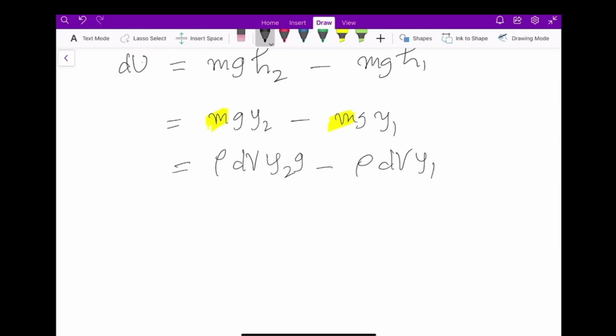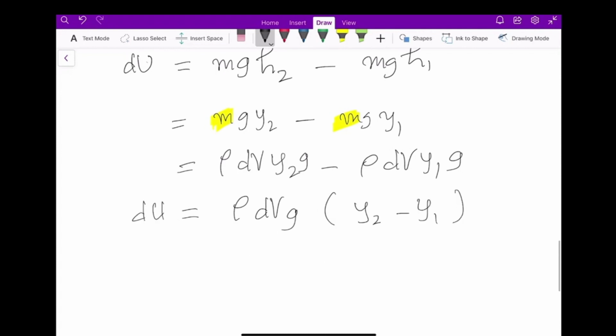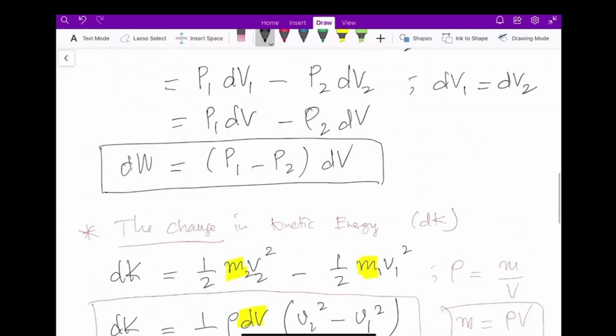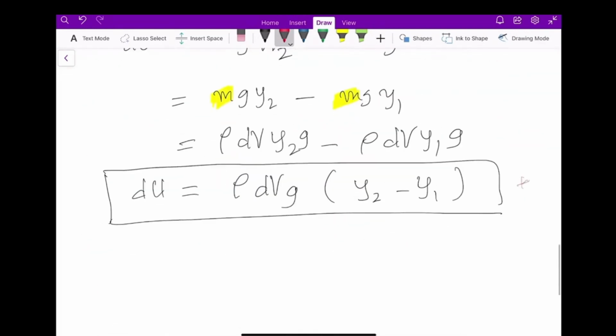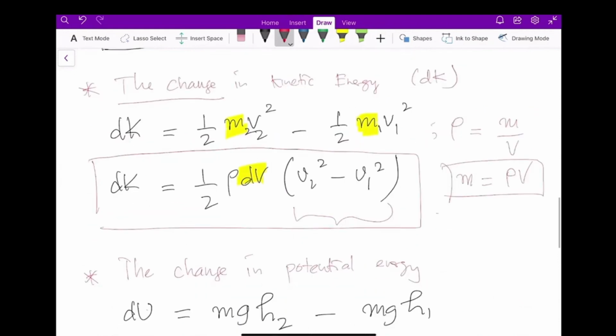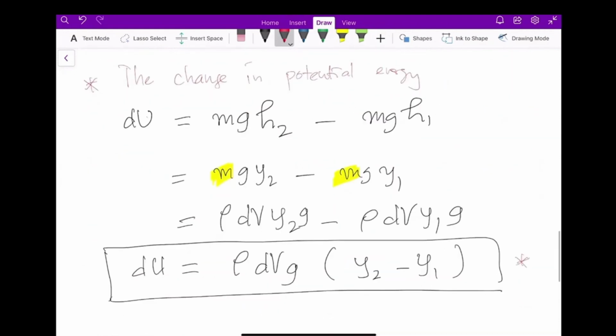Sorry, I forgot g here. We can combine all together: rho dV g (y2 minus y1), to take into account the change of potential energy in the system that we are going to analyze. So we have obtained the three terms for the energy equation: we have dW, we have dK, and we have dU.